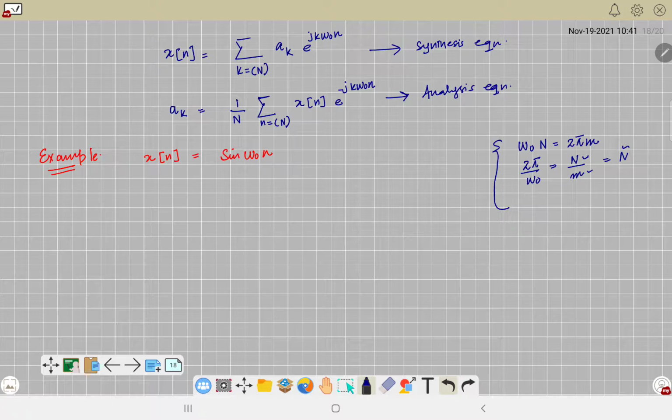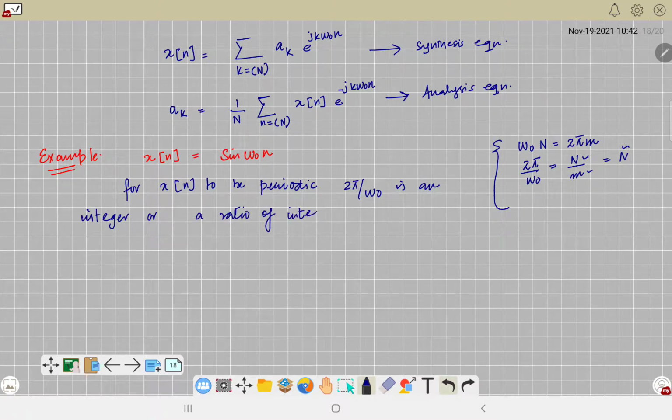So for x of n to be periodic, 2 pi by omega naught can be an integer like in this case, or a ratio of integers. Fine.